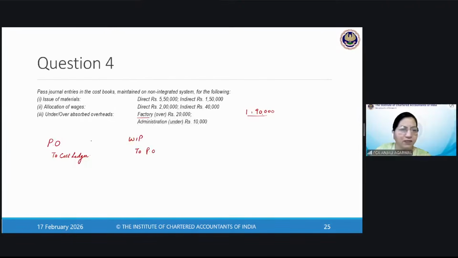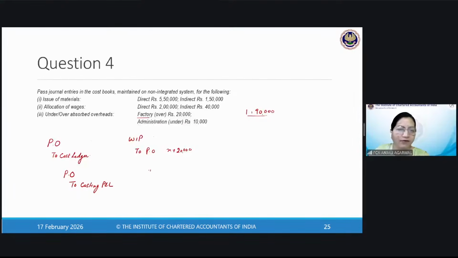So if this is X plus 20. Okay, 20,000 more. That means your credit figure is more. So you must debit the production overhead for over recovery and you will charge it to costing P&L account. Administration overheads are under recovered.